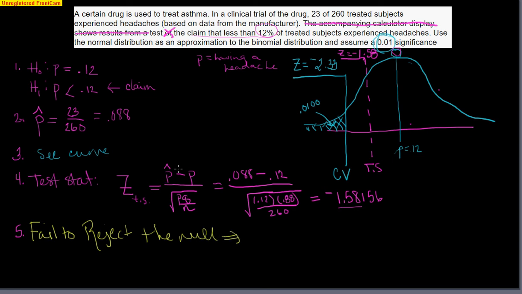And therefore, there is not enough evidence. In other words, we can't reject this null hypothesis. We can't cross it out. The only way to accept the alternative is if we've proven, if we can somehow have enough justification to reject the null. In this case, we do not.